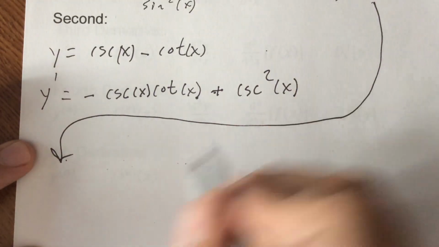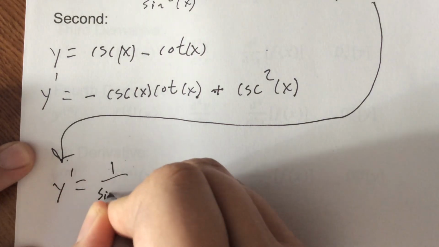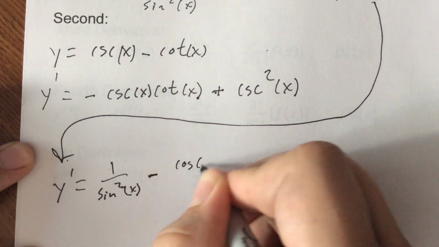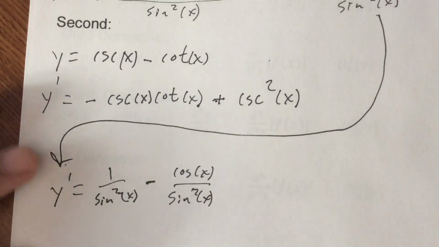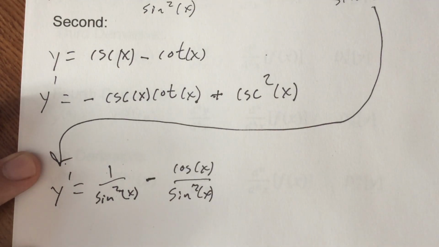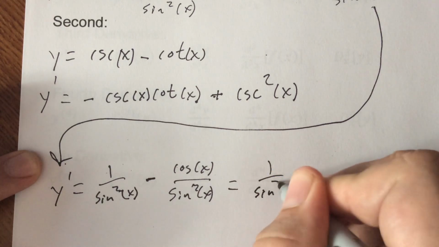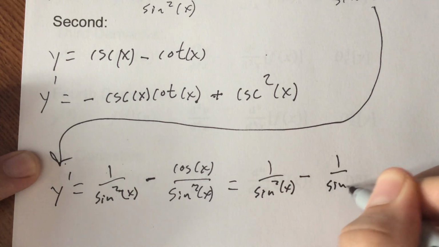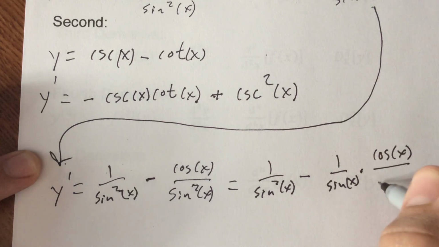I could separate that one and make it y prime equals 1 over sine squared x minus cosine x over sine squared of x, which I'm going to split again: 1 over sine squared of x minus 1 over sine x times cosine x over sine x.